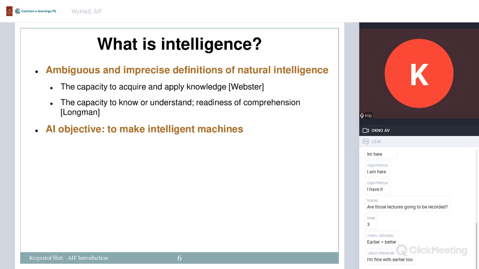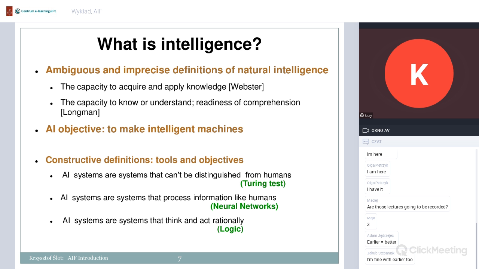And since they are imprecise, they cannot be a good basis for doing research. So if we would like to make artificial intelligence or intelligent machines, we need definitions that are more concrete, so that they can form a basis for rigorous research efforts.